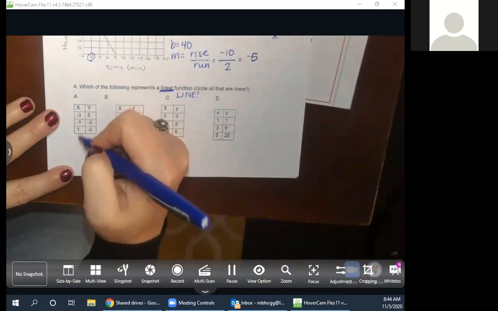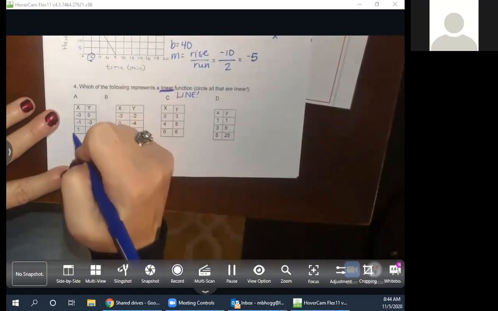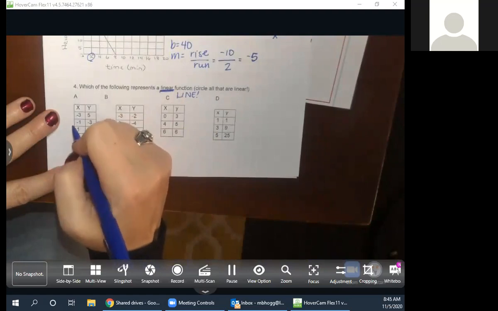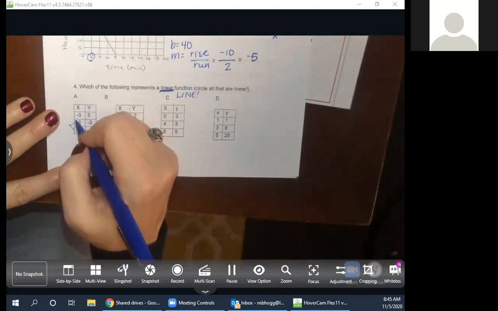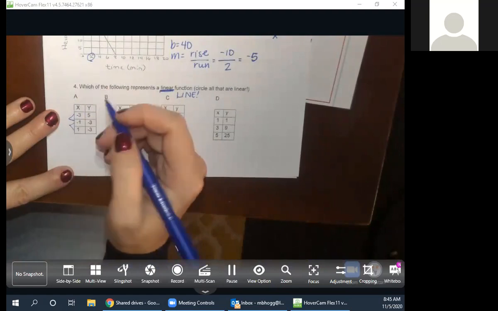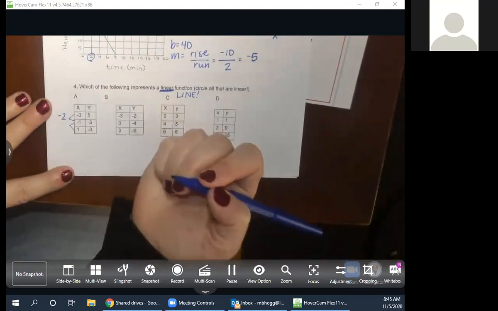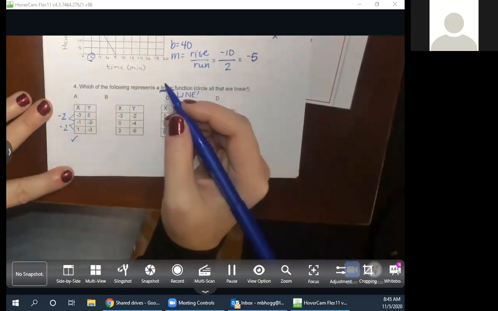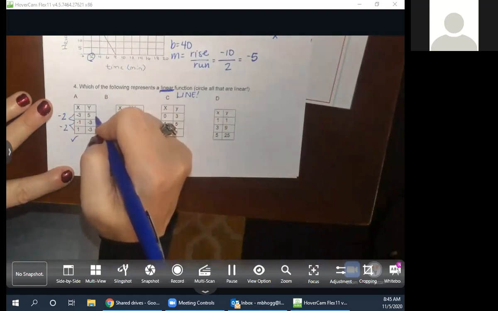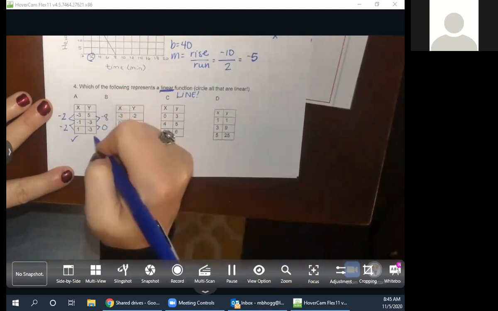Okay, it's not if their x's are repeating, that's a function or not. So remember this, the patterns. From here to here is, did we start at the top? Yeah, that's what I thought. I just had a little brain issue. Okay, -2, -2. There's a pattern there. Okay, over here we have -8, 0.